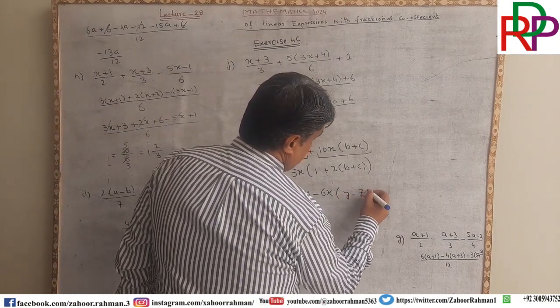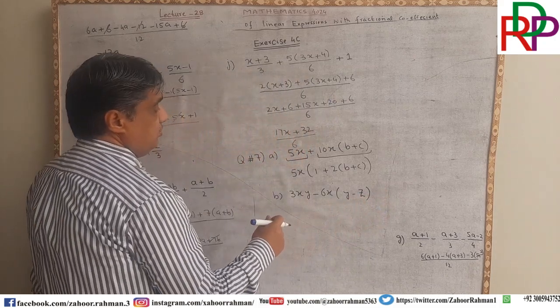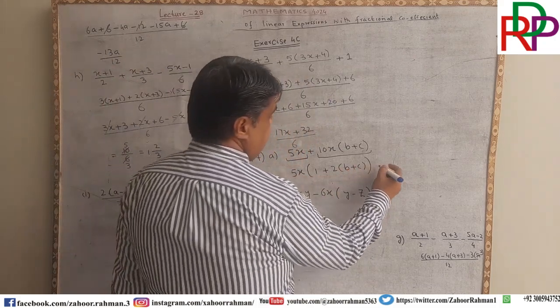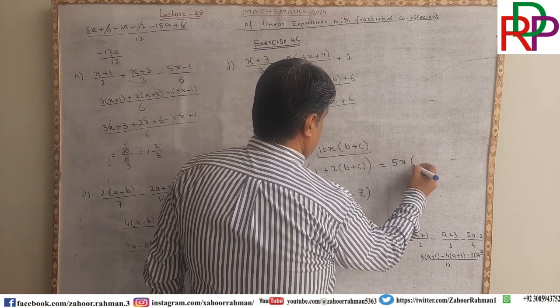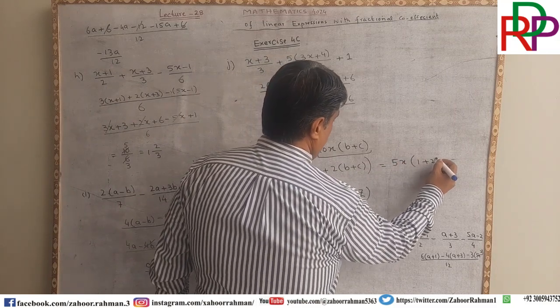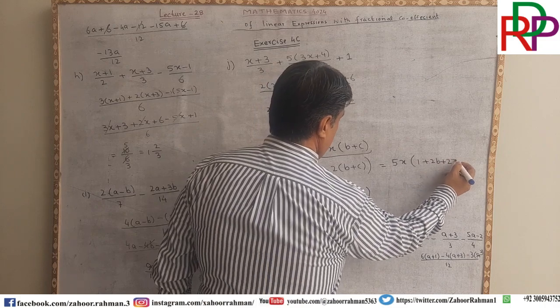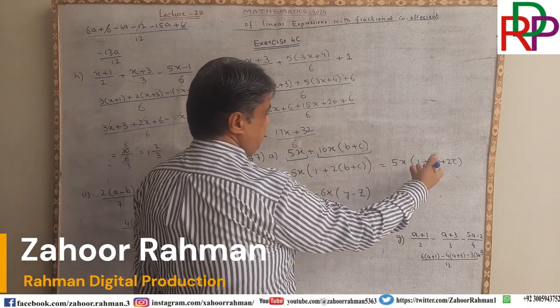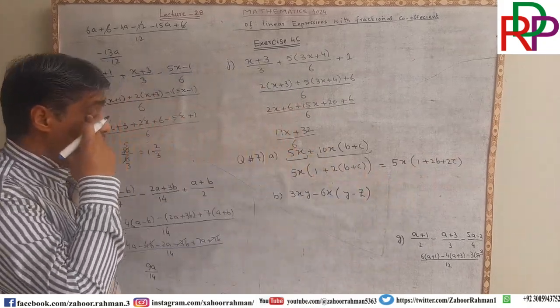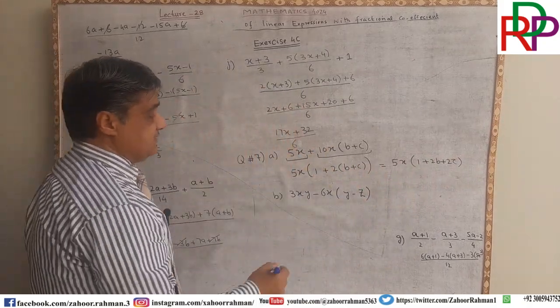Ladies and gentlemen, you can go one step further in the previous part, and that is 5x into 1 plus 2b plus 2c as well. So this is also correct, but you have to factorize it more so you can get that answer.